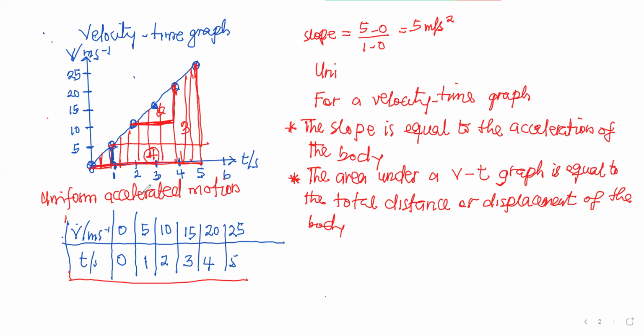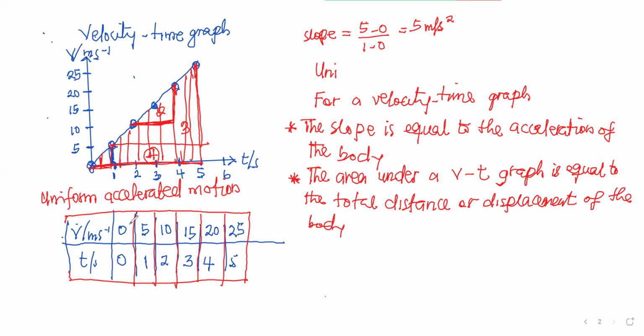A uniform accelerated motion is also a kind of motion in which the body moves with equal velocity within equal time interval.